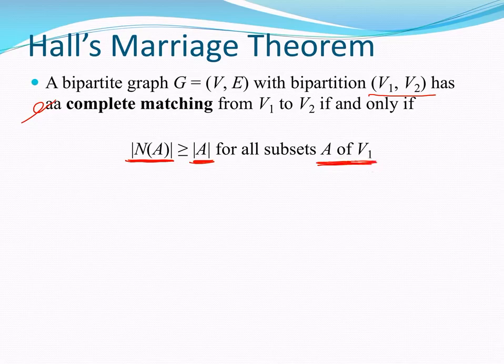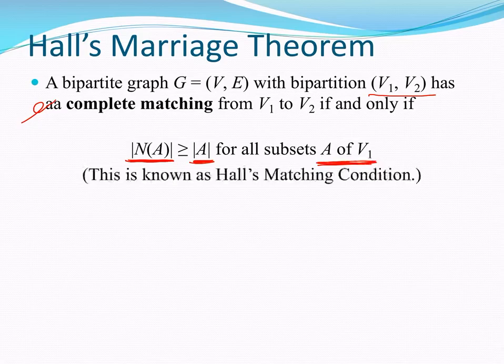This is known as Hall's matching condition. If the cardinality of the neighborhood of A is ever less than the cardinality of A, then we cannot find a complete matching.